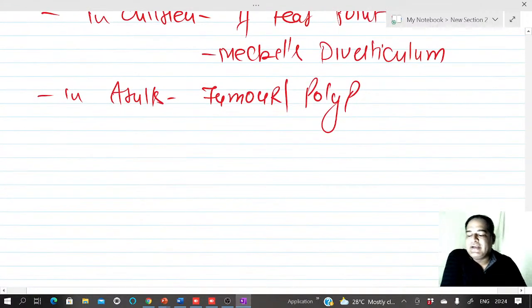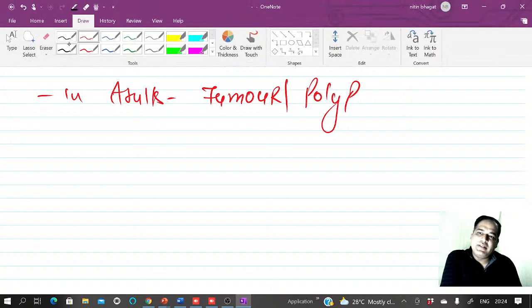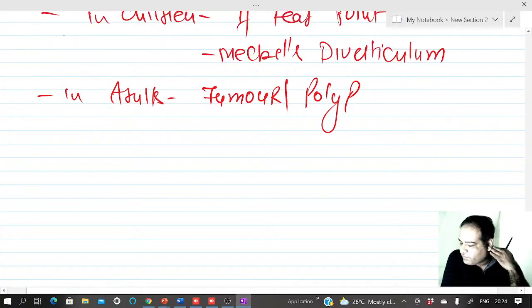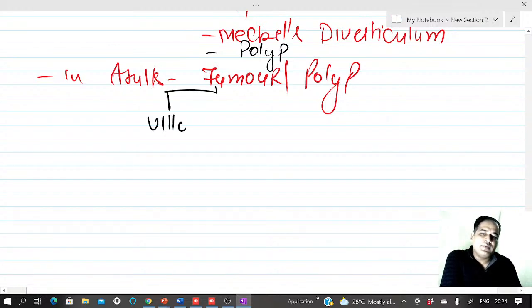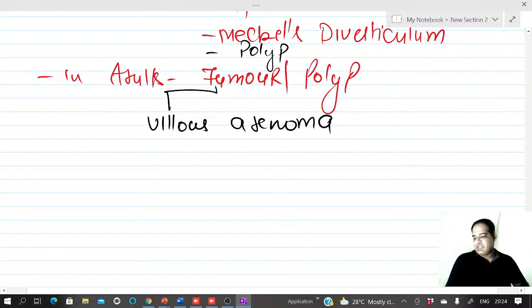So let's sum it up. In the infant, it will occur without a well-defined lead point. Whereas in children, it will commonly occur because of Meckel diverticulum. It could also occur because of a polyp. In adults, it can occur because of a villous adenoma.